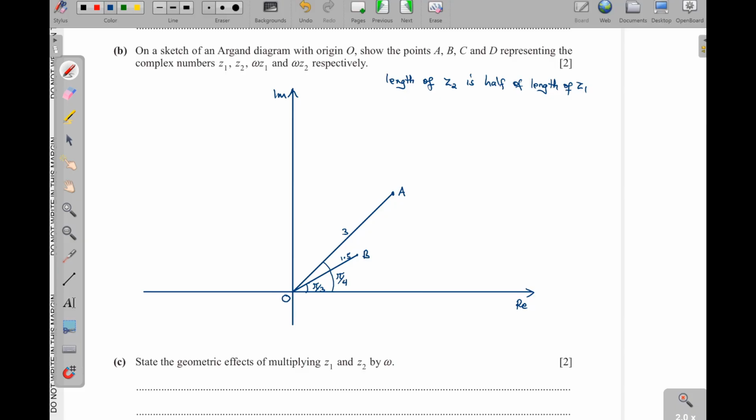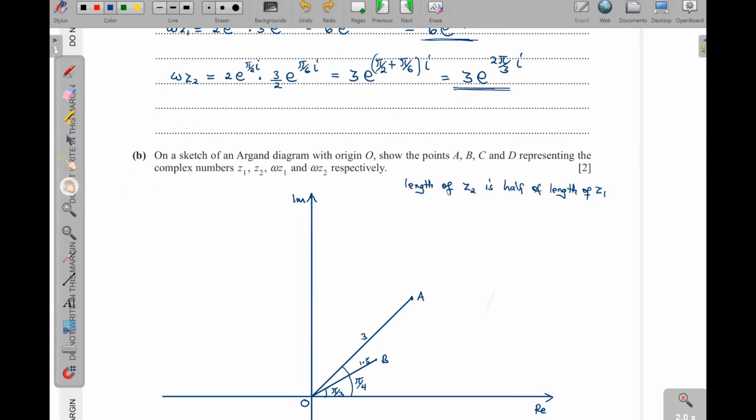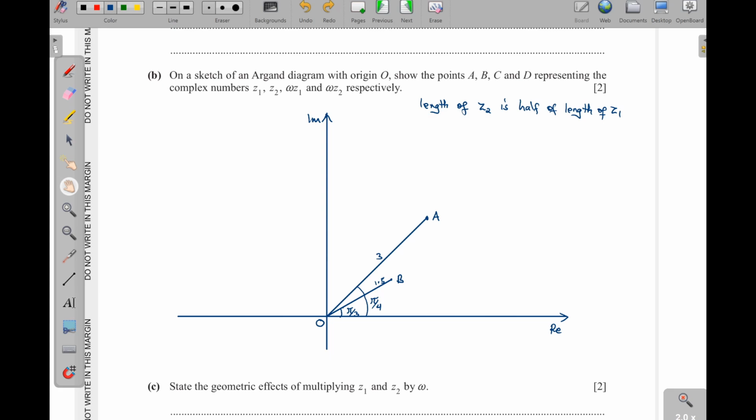Then the next one is omega Z1. When I look at omega Z1, this is 6. Now this 6 is twice this one. You see that? But the angle, remember this one is 45. And these are 3 45s. So that is 135, because 2 45s give us 90. So that means 135 is here. You get it? This is a 45. This is a 45. This is a 45. Do you see that?